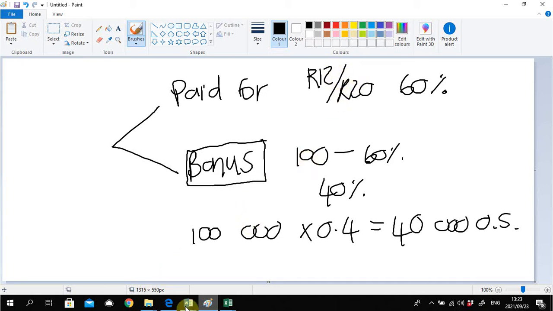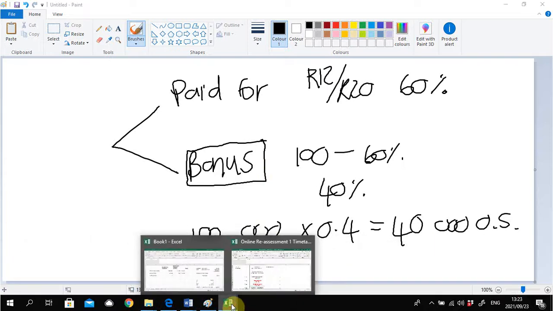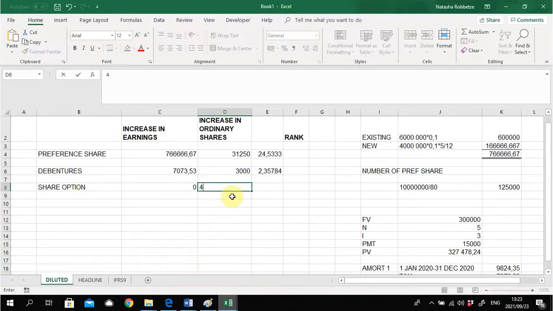So the 40,000 needs to be filled into our calculation. The earnings will of course be nothing, because 0 divided by 40,000 is nothing.